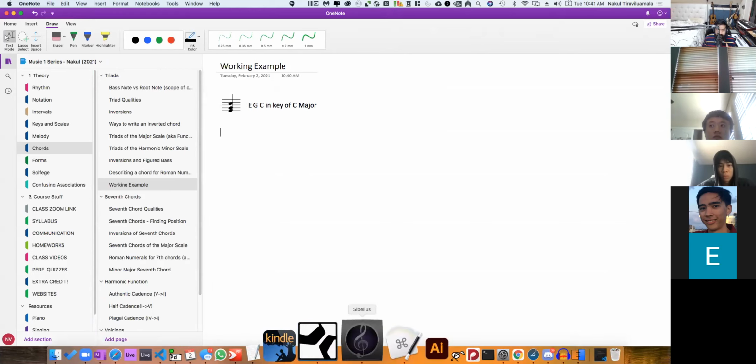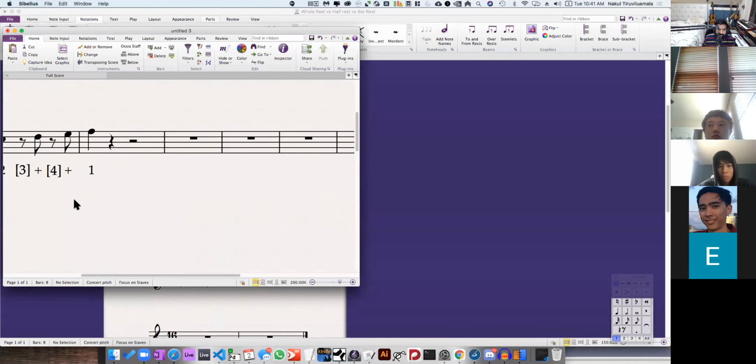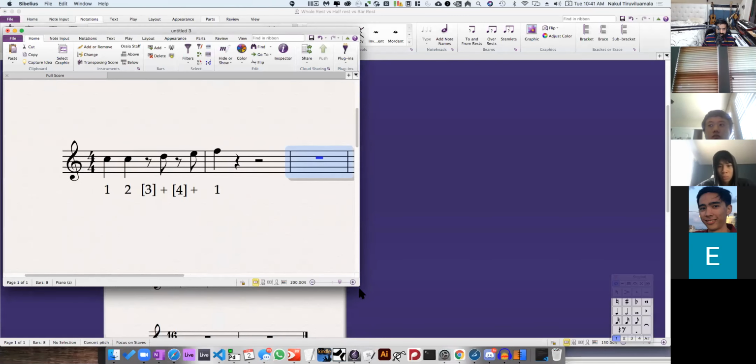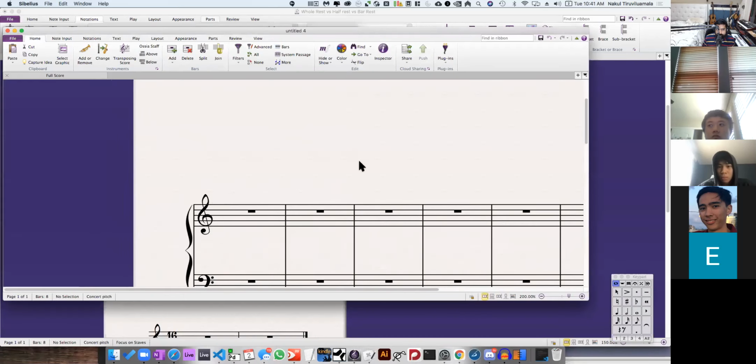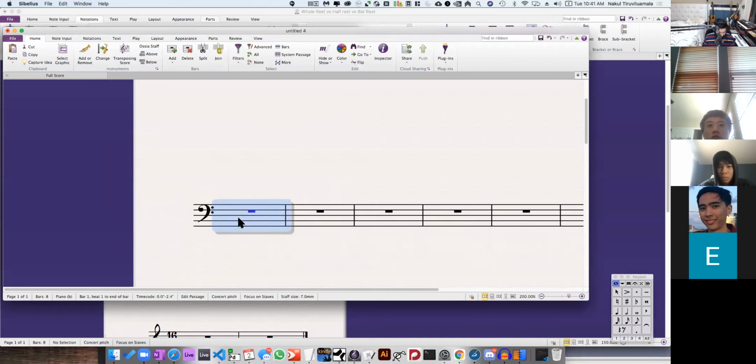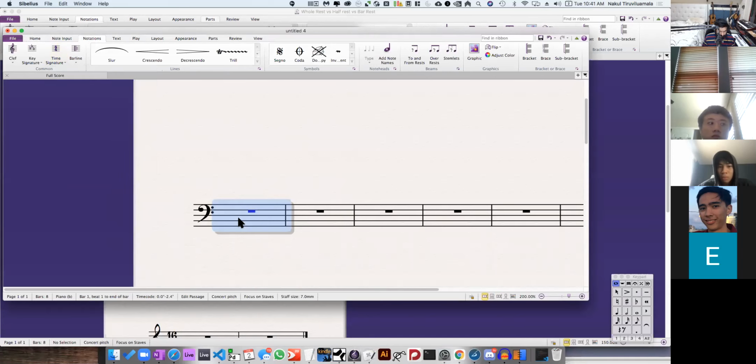One of the ways we can do this is just by taking all the notes of the chord. Say we have this, okay? Let's say we're dealing with this, right?